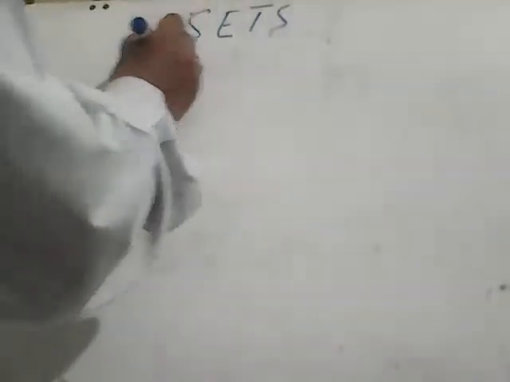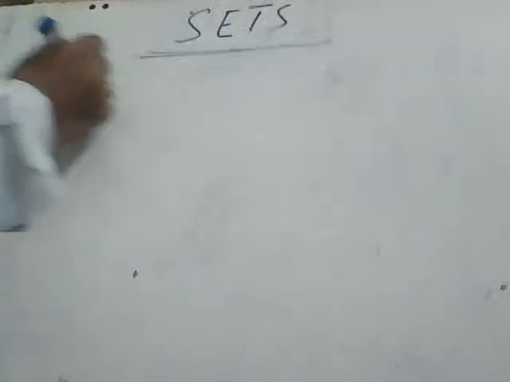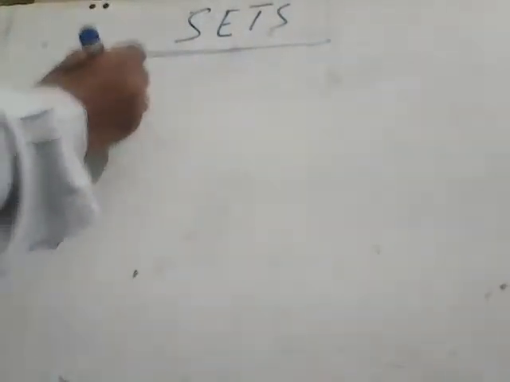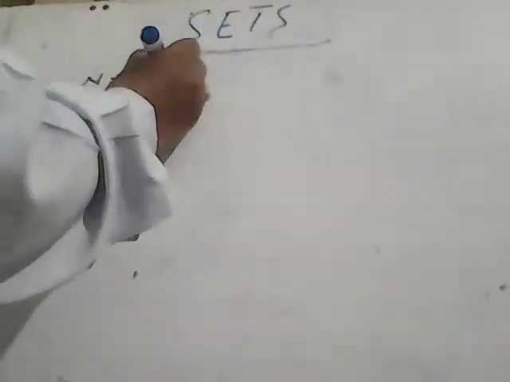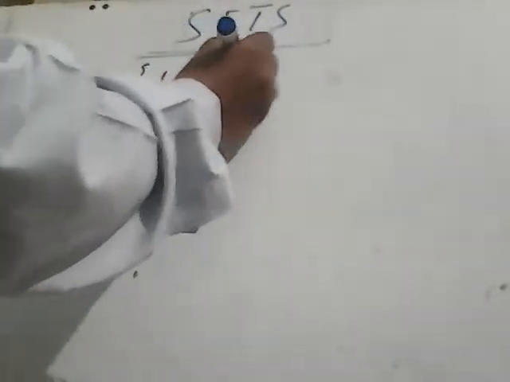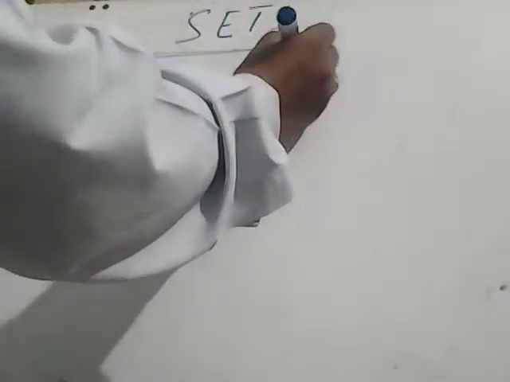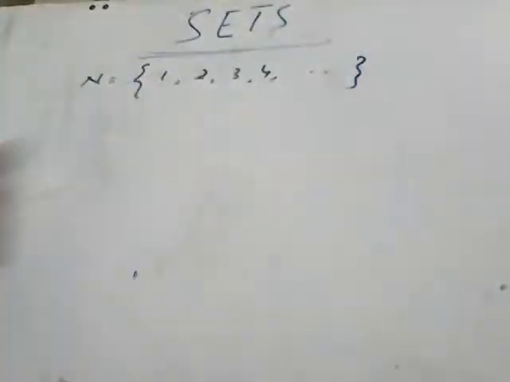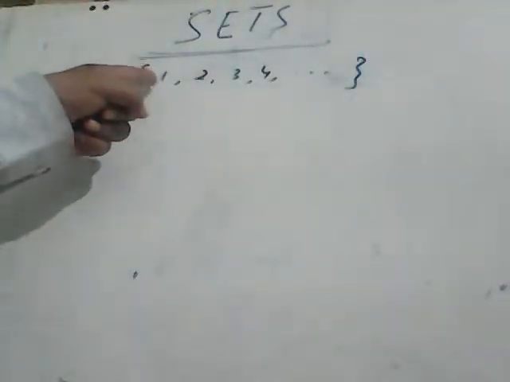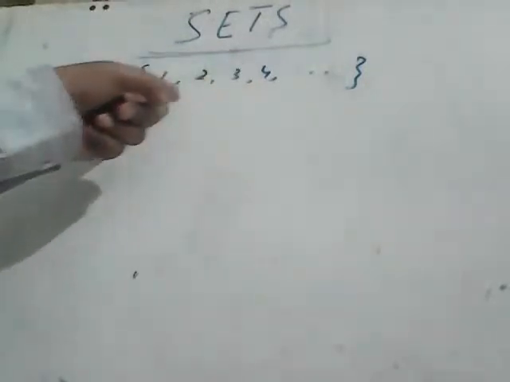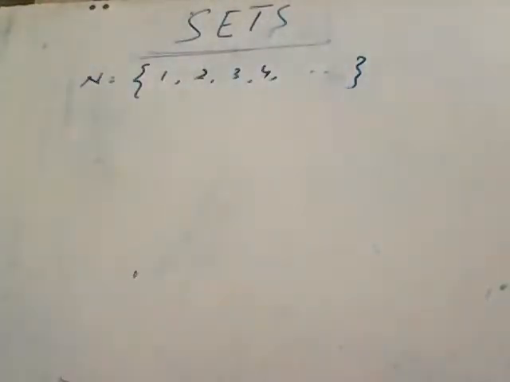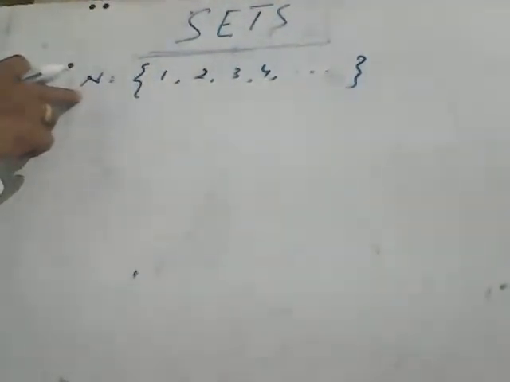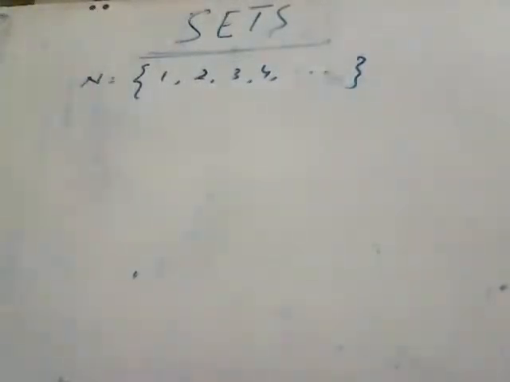It is your sets. Suppose we are writing N. N means all the natural numbers 1, 2, 3, 4, and so on. 1, 2, 3, 4 are called elements of the set. N is the name of the set. Normally, we use capital letters for naming the sets.